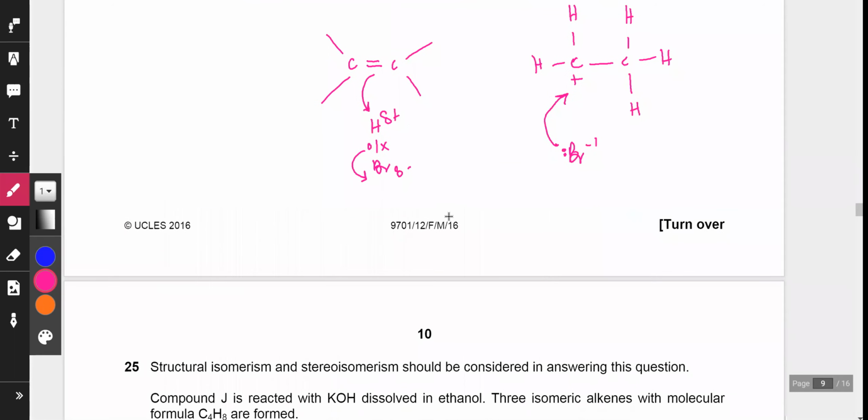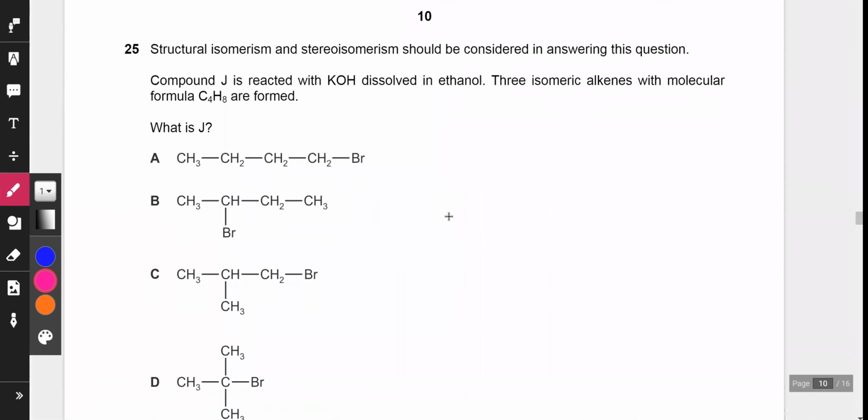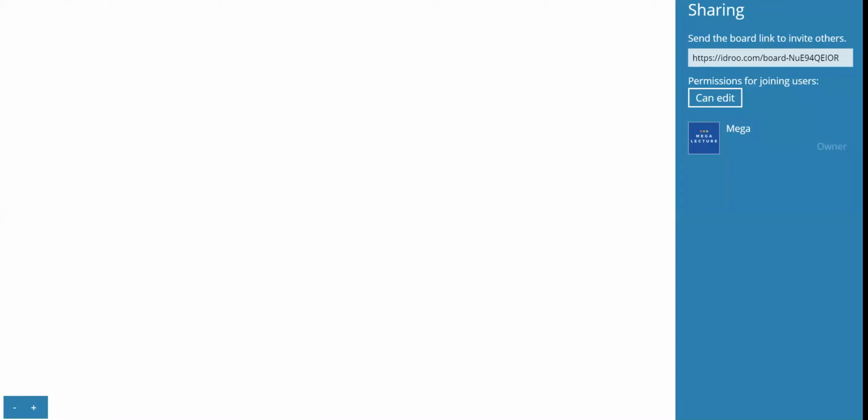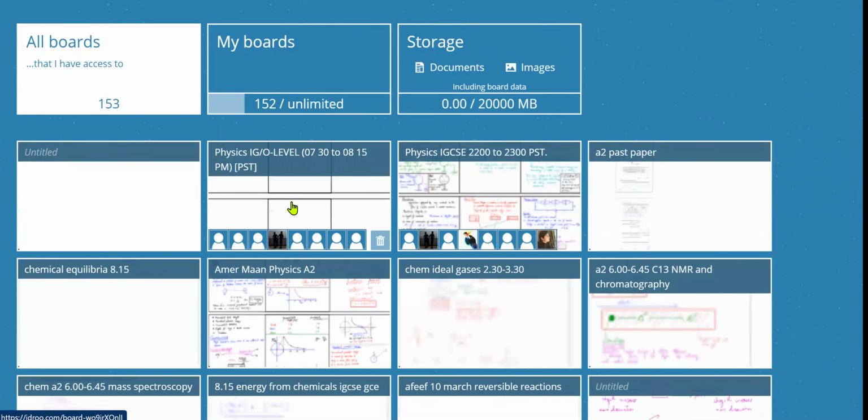So next is question 25. Structural isomers and stereoisomers should be considered in answering the following question. Let me open the organic one.